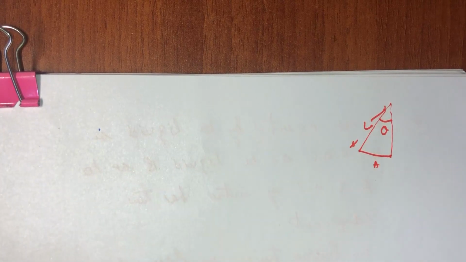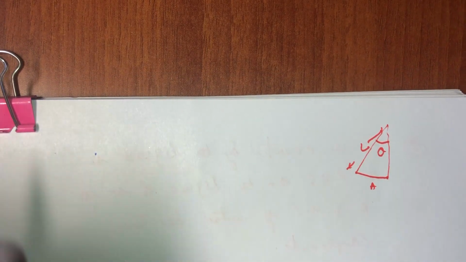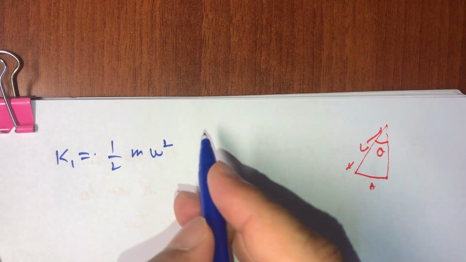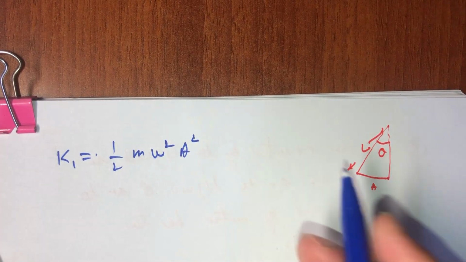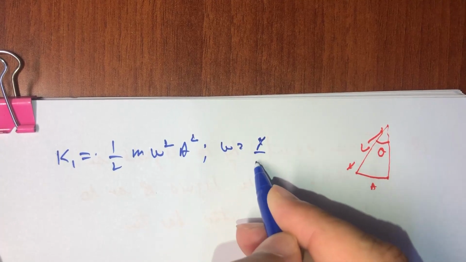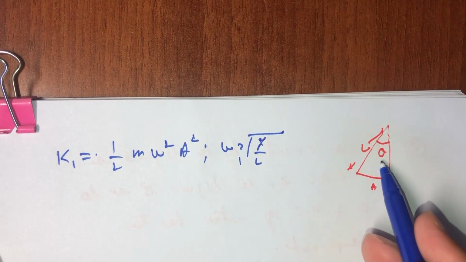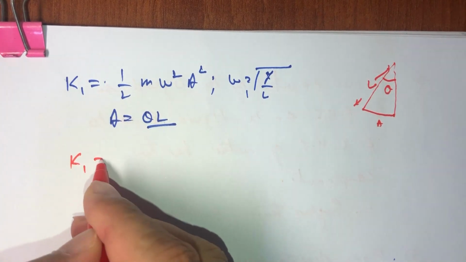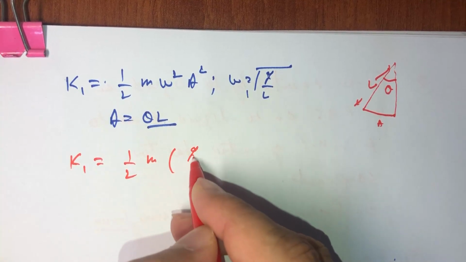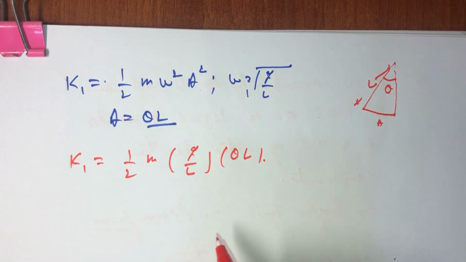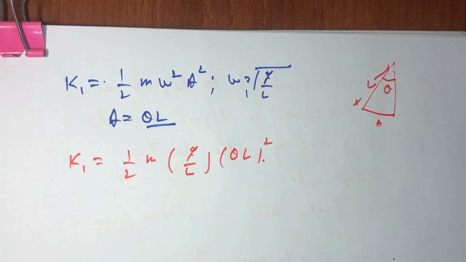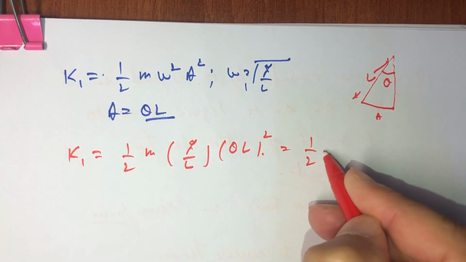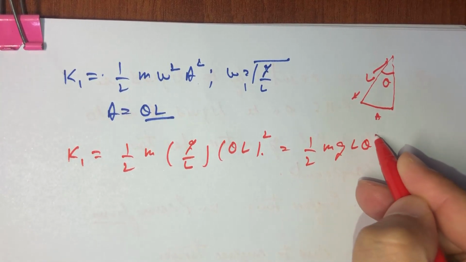So we can say from here theta is equal to A upon L. So let us use that K1 will be equal to half m omega square A square, and omega is equal to square root of g upon L, and A is equal to theta L. Therefore, K1 will be equal to half m g upon L times theta L whole square, which, solving further, gives us half m g L theta square.